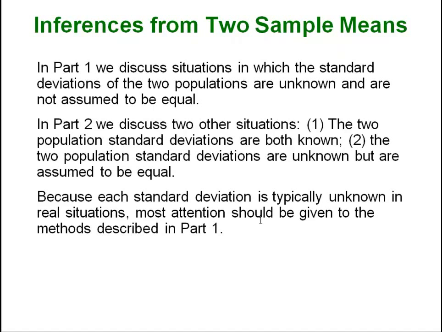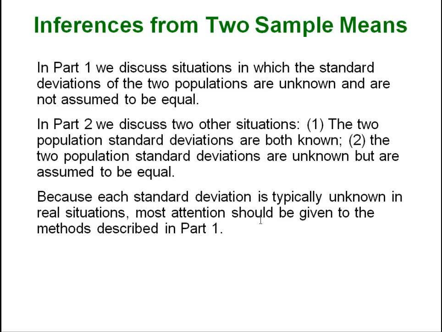So in part one, we're going to look at the more common, more realistic of the situations where the standard deviations of the two populations are both unknown and are not assumed to be equal.